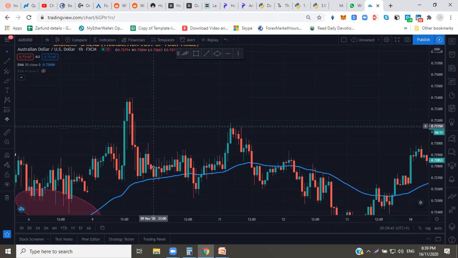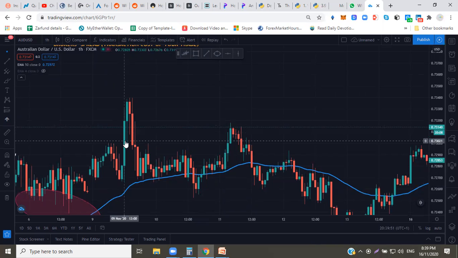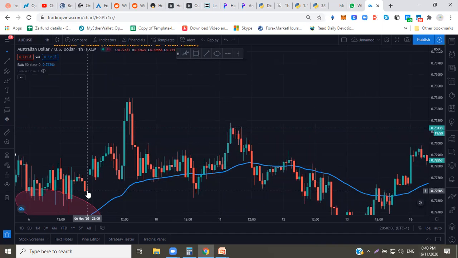Now, do you realize all of these candlesticks are formed in the same period of time? It takes the same time for this long one to form as it takes for this small one to form.